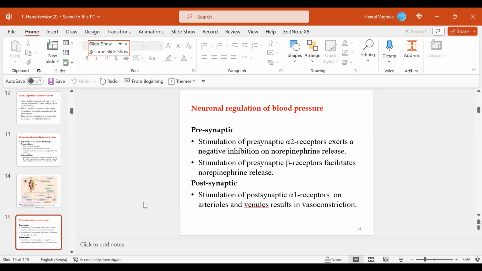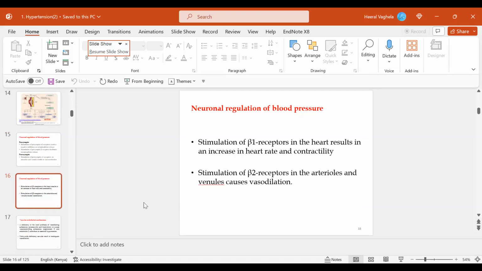Also the postsynaptic alpha 1 receptors cause vasoconstriction. So the beta 1 receptors are in the heart, which increase heart rate and contractility when epinephrine or norepinephrine binds to them. And the beta 2, which are in your blood vessels, have a different effect, causing vasodilation.